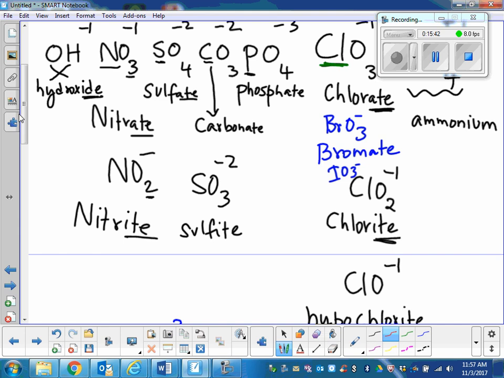Similarly, if you know phosphate, are you looking at the periodic table? If you know phosphate, unfortunately, phosphate and nitrate are different from each other. Yes or no? Why can phosphate have 4 oxygens? Why does nitrogen have only 3?